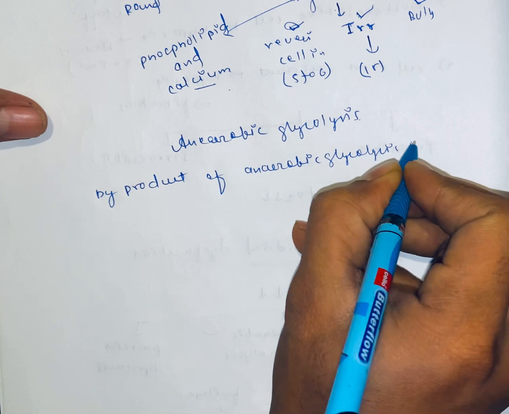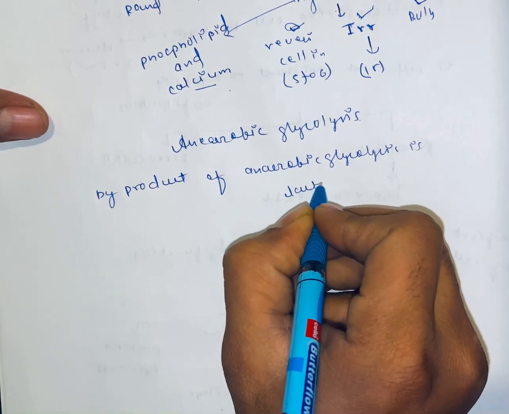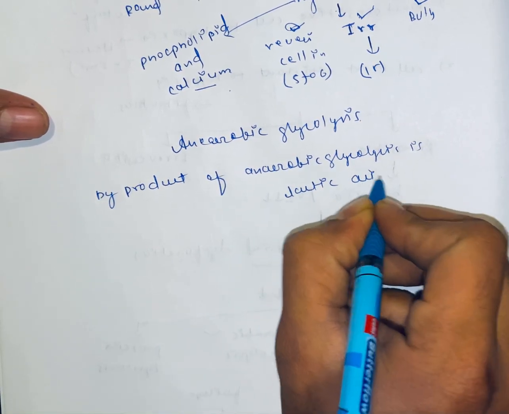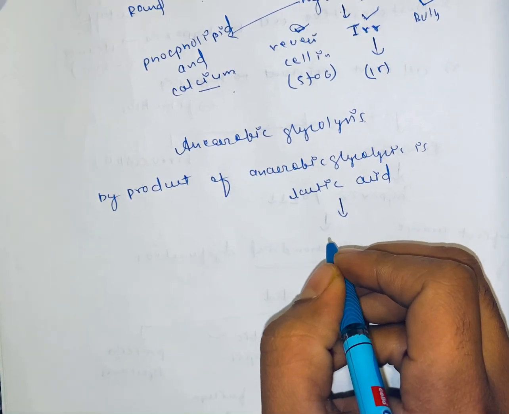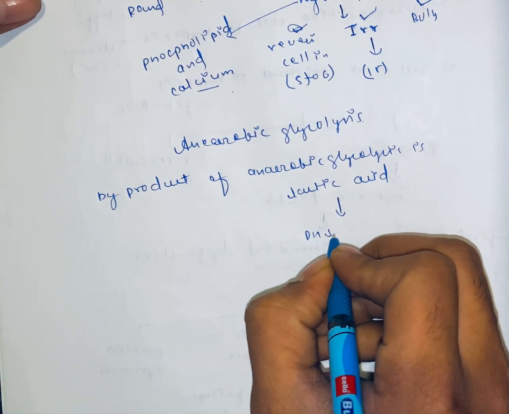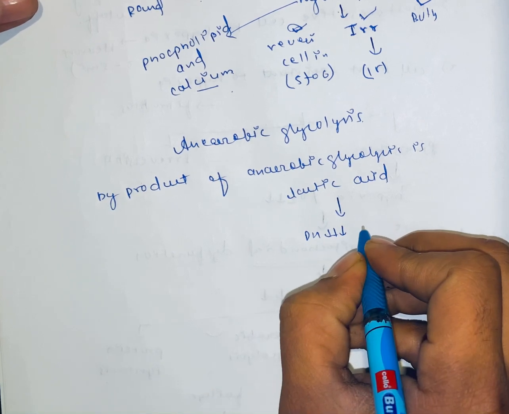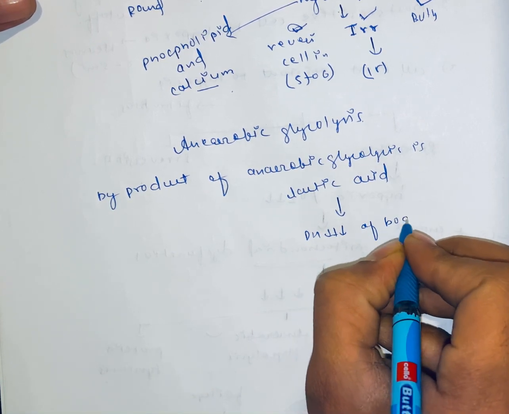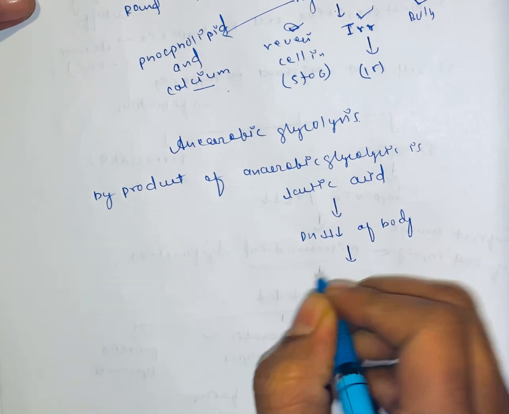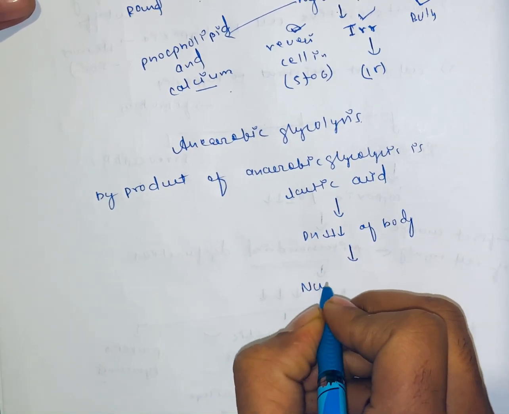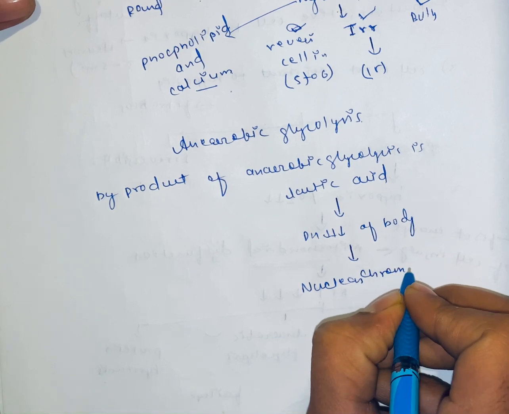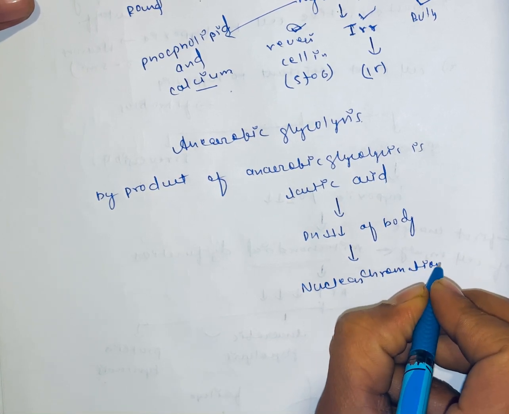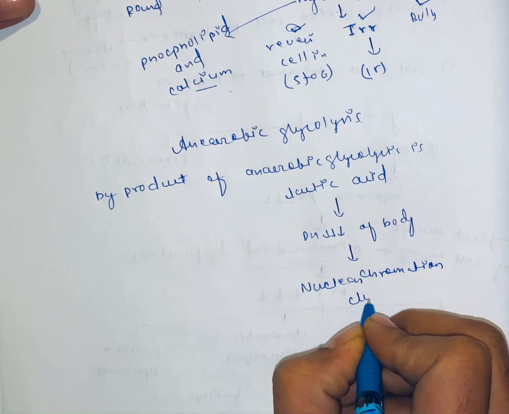When the lactic acid concentration increases in the body, the pH of our body will keep on decreasing. It causes nuclear chromatin clumping.